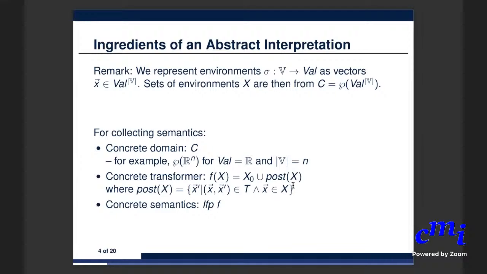And that's what post does. And that's why post is also defined as a set of states. It's an image given T, where T is the transition relation corresponding to executing a single step in your program.